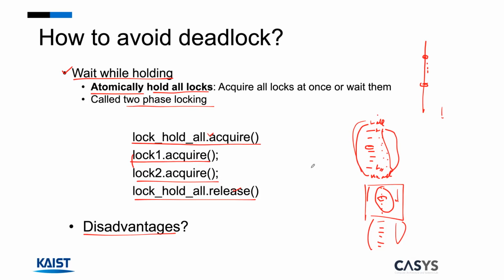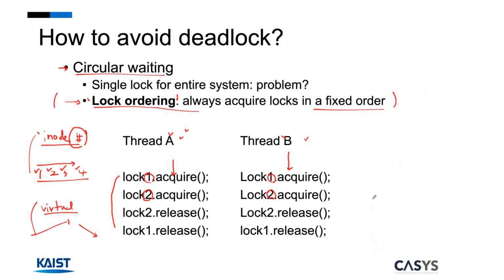And the most serious disadvantage of this approach is that it seriously limits concurrency. So let's say this lock is required only to access this object, but you are holding the lock from the beginning. The best way to guarantee concurrency is to hold a lock only at the time it is required.